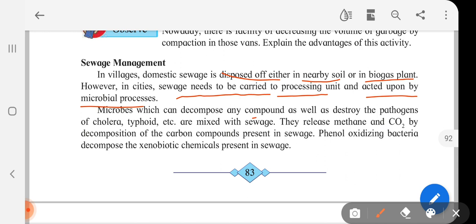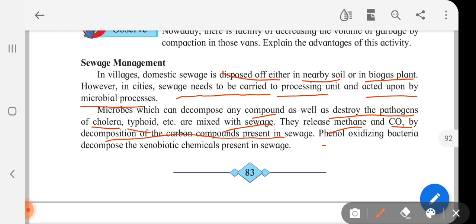So there is a provision to carry the sewage to a processing unit. And microbes which can decompose any compound as well as destroy the pathogens of cholera and typhoid are mixed with the sewage. They release methane and carbon dioxide by decomposition of the carbon compounds present in sewage.